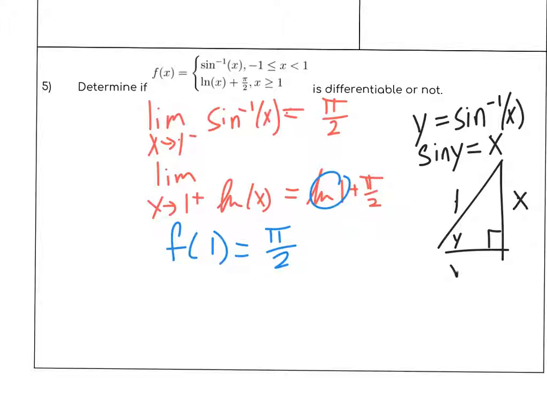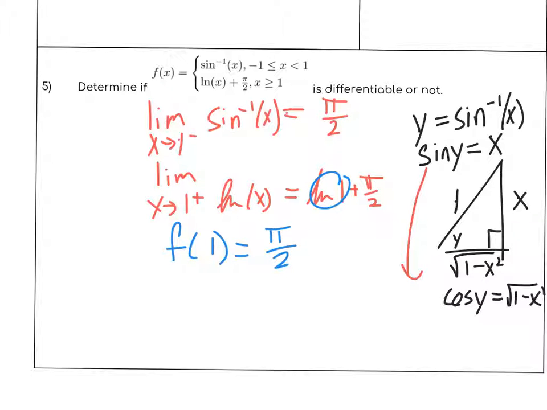That means that this third side is going to be the square root of 1 minus x squared, using the Pythagorean theorem. And if I needed it, cosine of y would equal the square root of 1 minus x squared over 1.